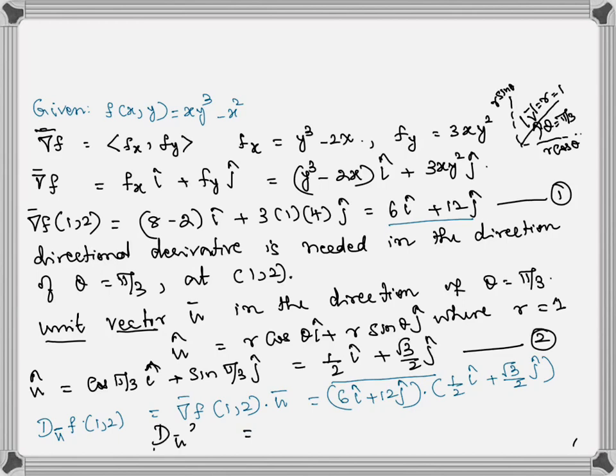So it is 6 times 1 half plus 12 times root 3 over 2, which is 3 plus 6 root 3. That is the directional derivative. Hope this video helps.